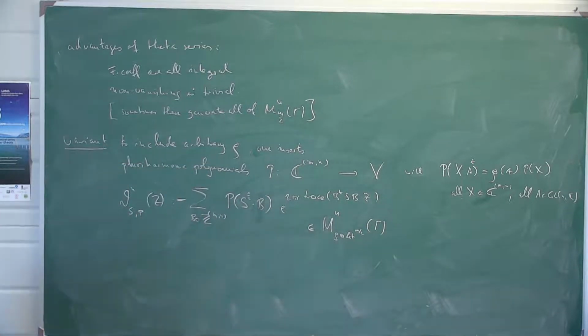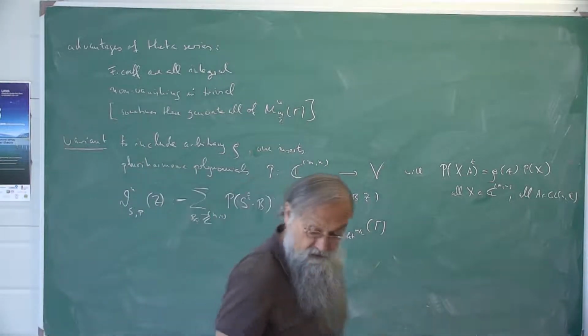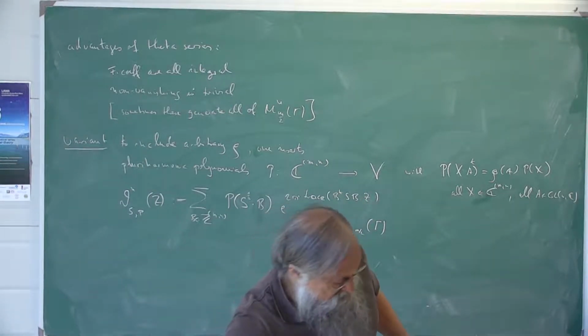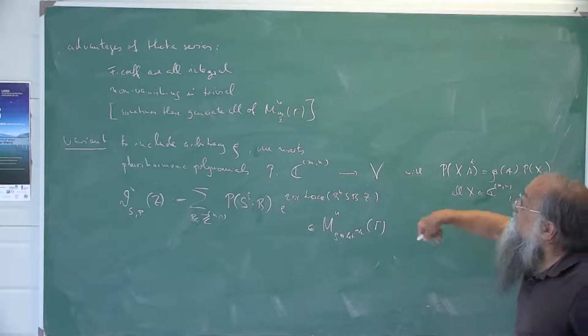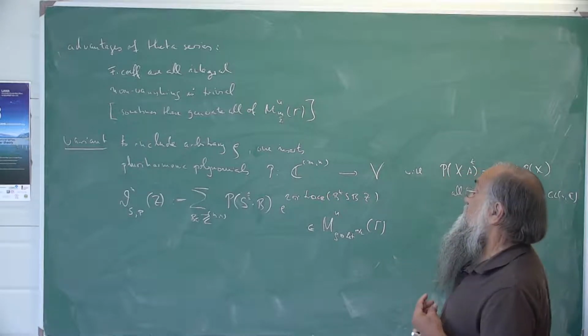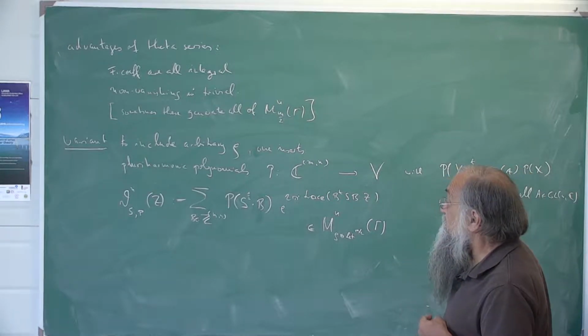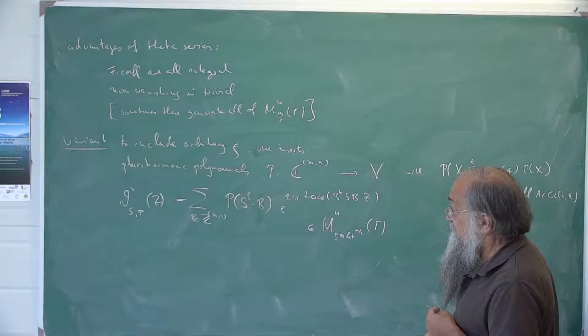But now the thing is much more complicated concerning the non-vanishing. These things can be zero, and this is not so easy to describe. In any case, this is a simple construction principle for a lot of modular forms.